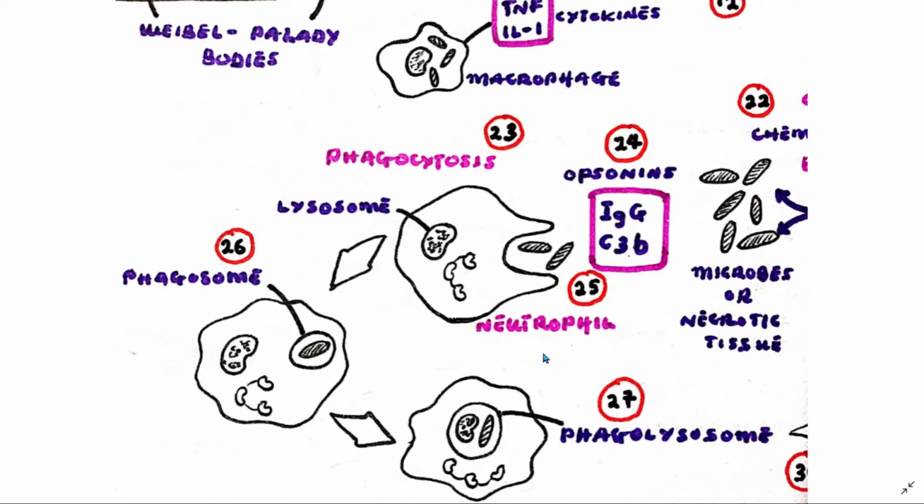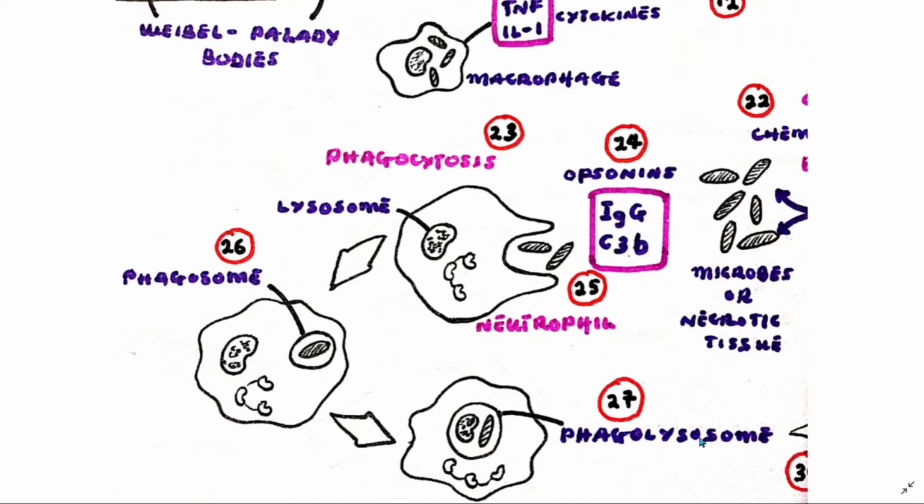Once the leukocytes, or the neutrophils, identify the microbe with the aid of the opsonins, they extend their pseudopods and form a membrane around the microbe, which becomes internalized and forms a phagosome. This phagosome then fuses with the lysosome within the neutrophils in order to form the phagolysosome.